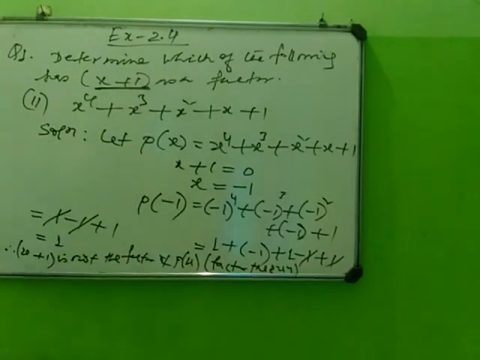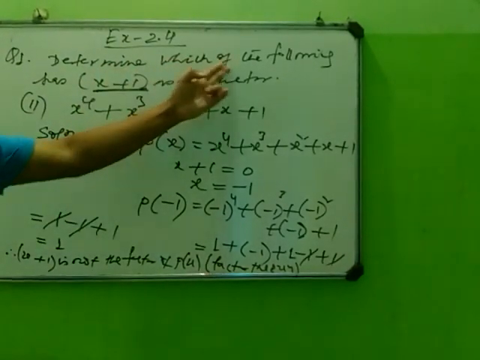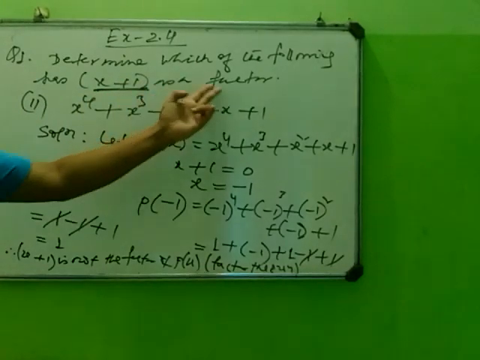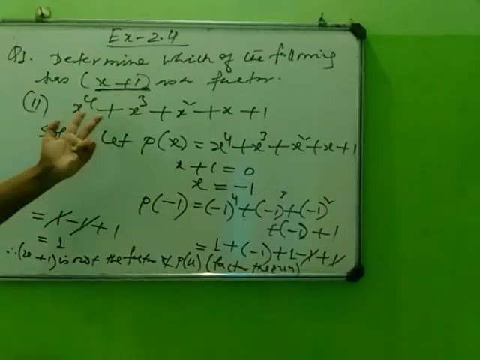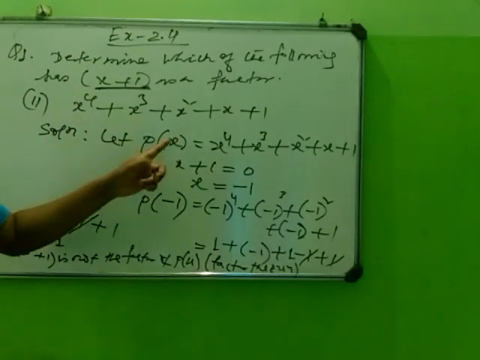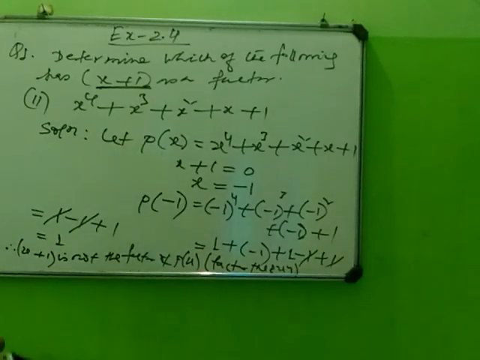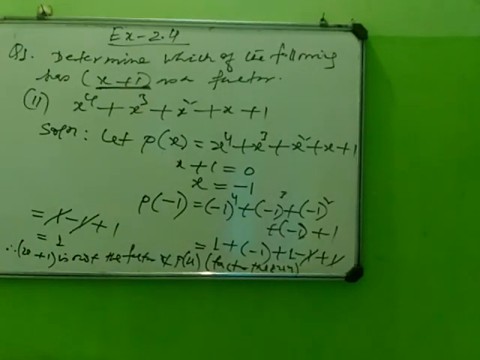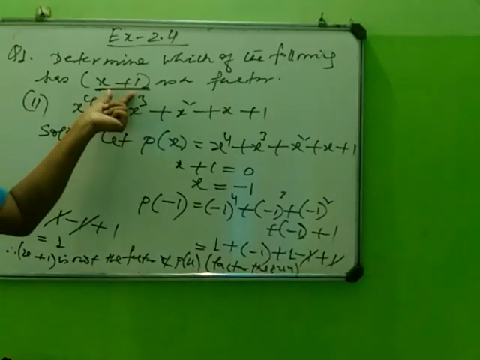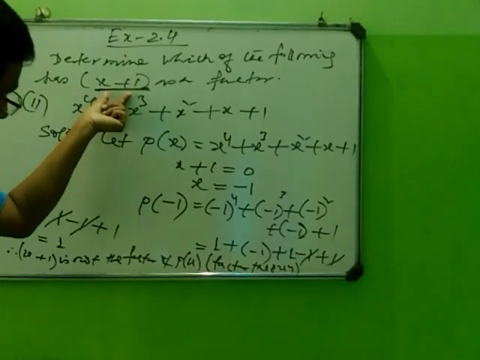So now here they have asked the question, determine which of the following has x plus 1 as a factor. So you have named this one by a notation p of x. The variable is x, so you took x. If it is in y, you will tell p of y or f of y, anything. Now the divisor is x plus 1 because you are going to divide by x plus 1.